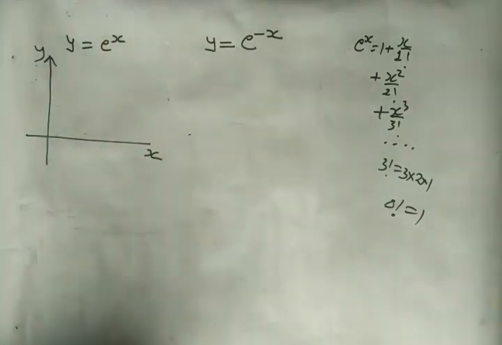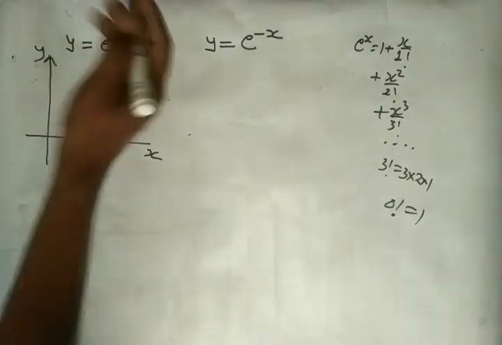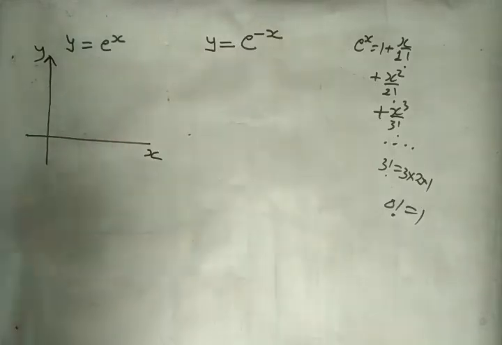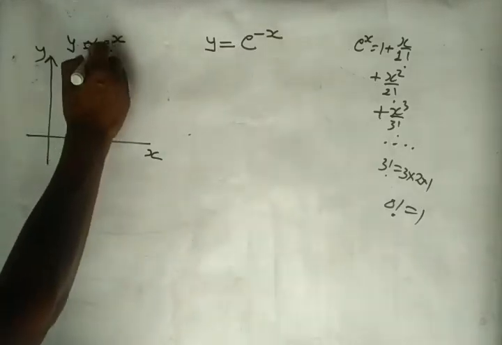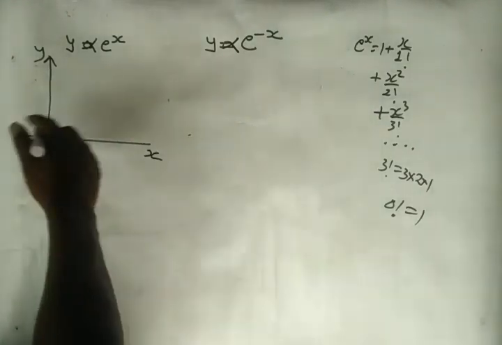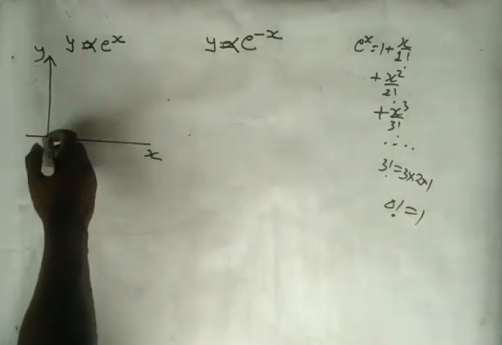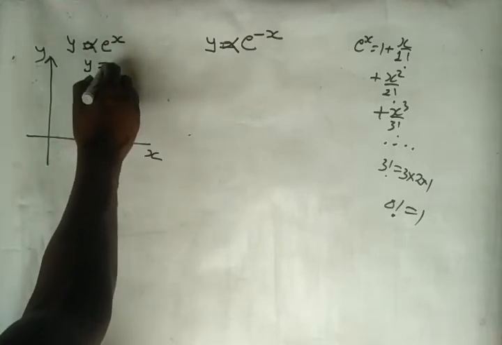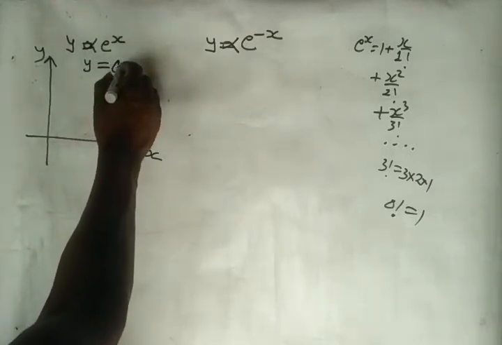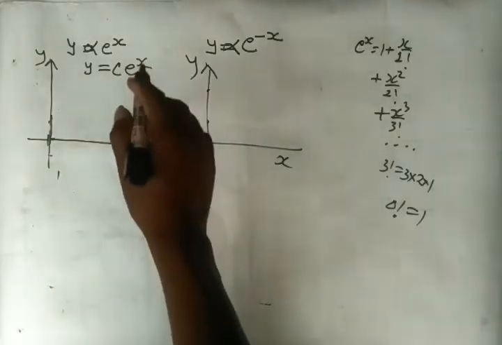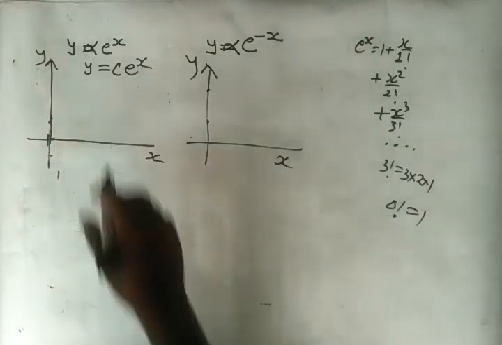One thing is also there: I have to write it in proportionality notation, because where this graph line will pass depends upon those constants also. So in case, directly y equal to some constant times e to the power x. All right, so it is an exponential graph. This is positive, this is negative. So exponential positive growth.